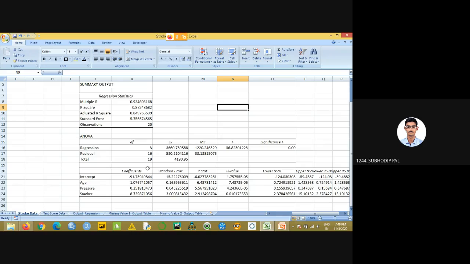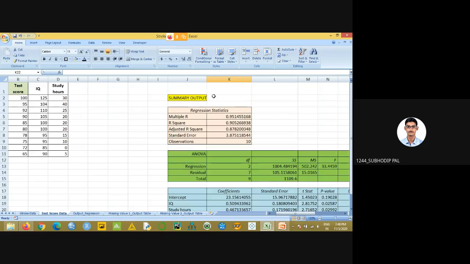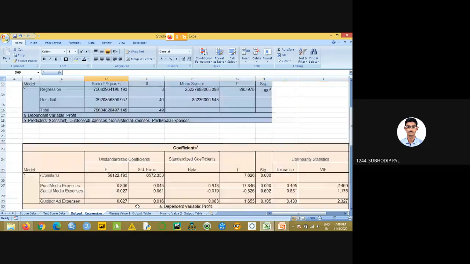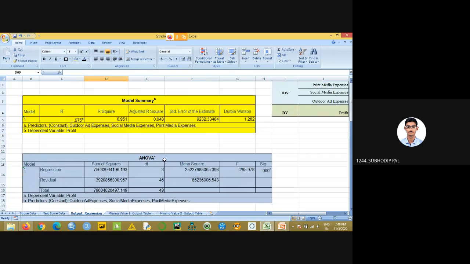Okay, so this is what the output is. This was the different thing I was talking about. And next, look at this. This is what the SPSS output is, the regression SPSS output.